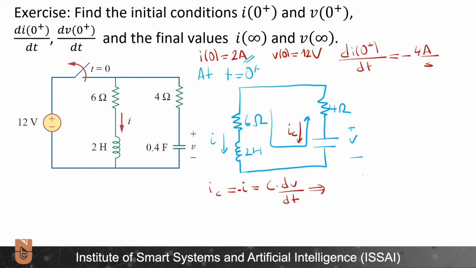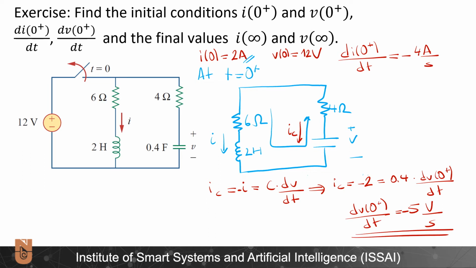And at t equals 0, we will have I capacitance equal to minus 2, which is equal to 0.4 times dV0 plus over dt. And accordingly, dV0 plus over dt is equal to 5 volts per second. Here I should have a minus sign. Now I found the initial derivative of the voltage as well at t equals 0.